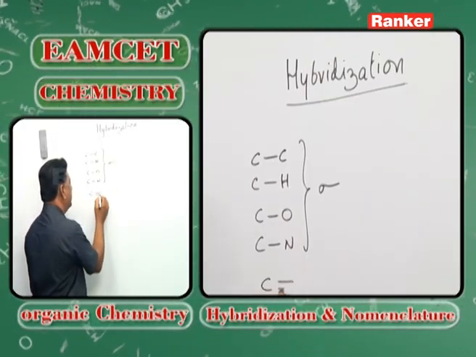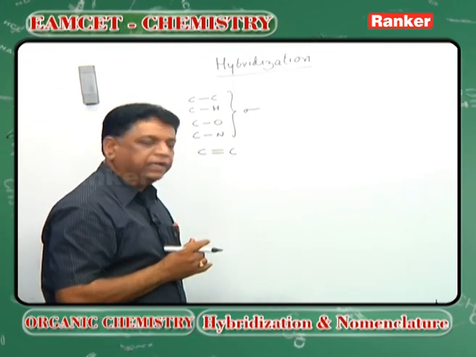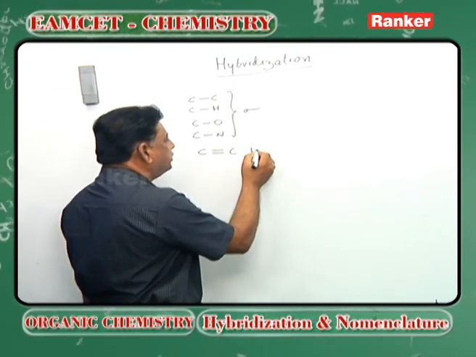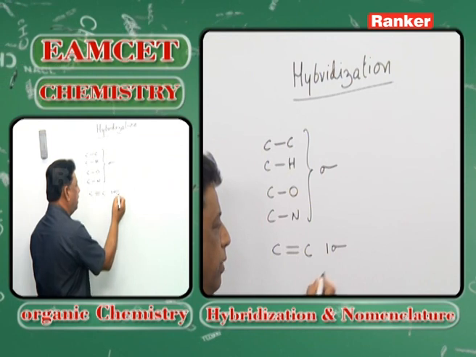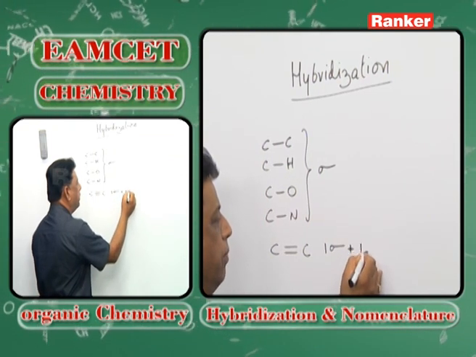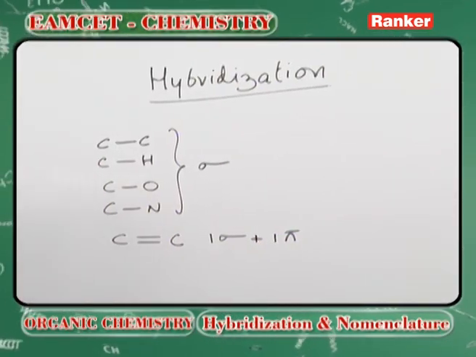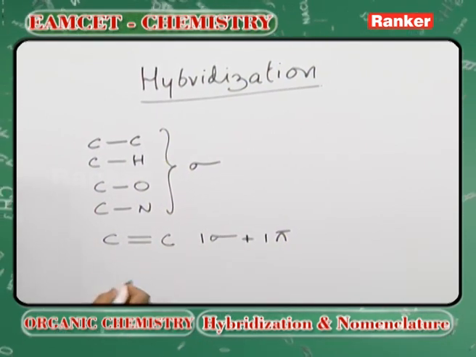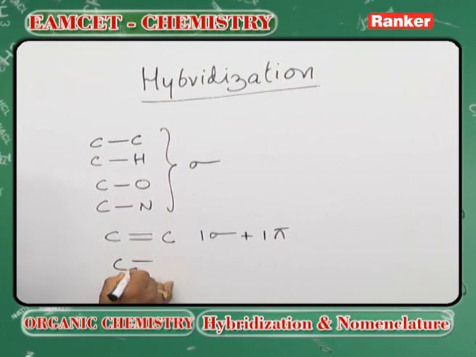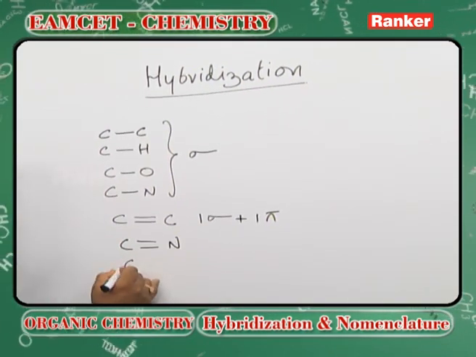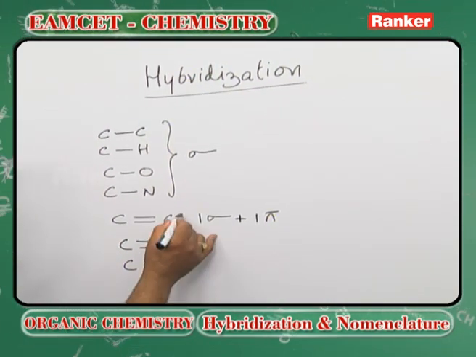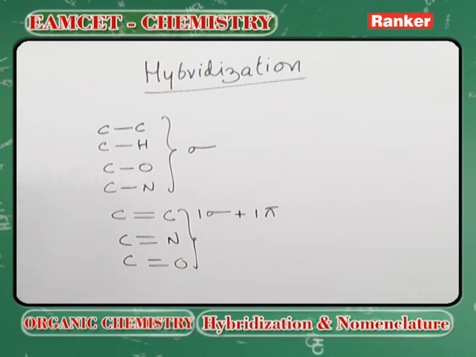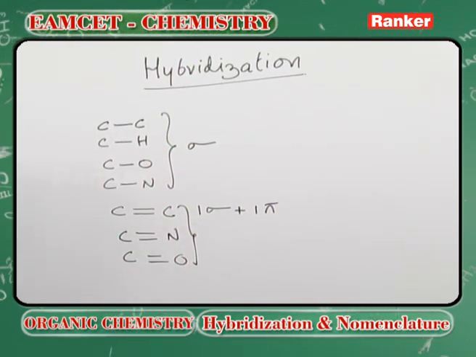Similarly, there is a double bond between carbon and carbon. This is made up of one sigma bond, that is the original bond, plus one pi bond also. So wherever you see a double bond, it is made up of one sigma bond with one pi bond over that. Similarly, a carbon double bond nitrogen, a carbon double bond oxygen, and so on, are all made up of one sigma bond with one pi bond over that.